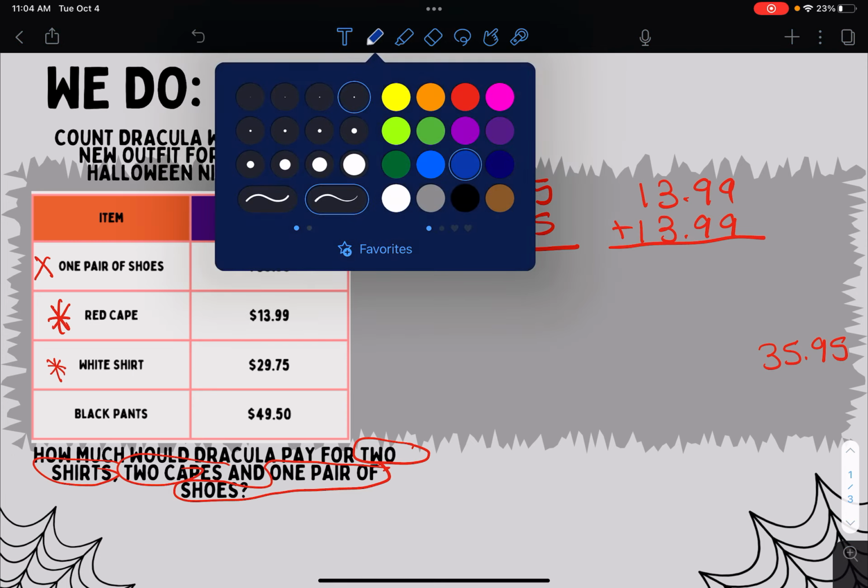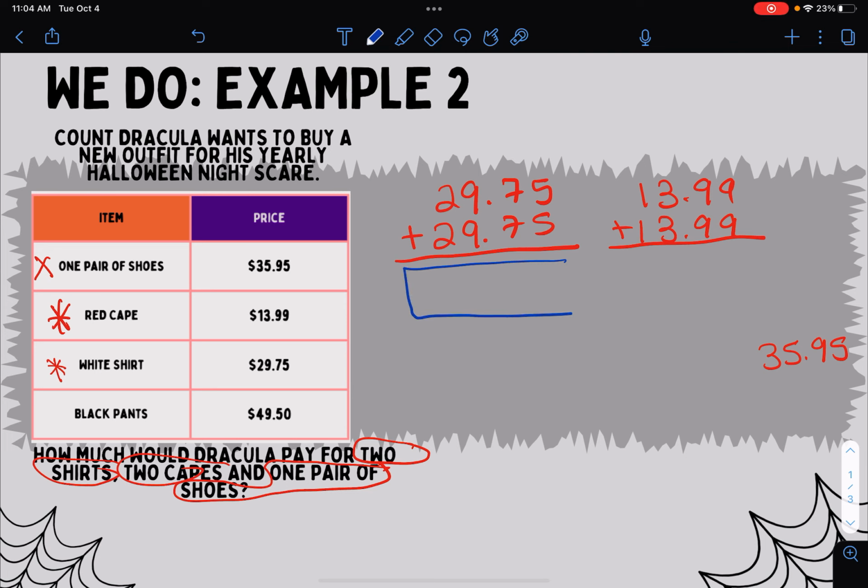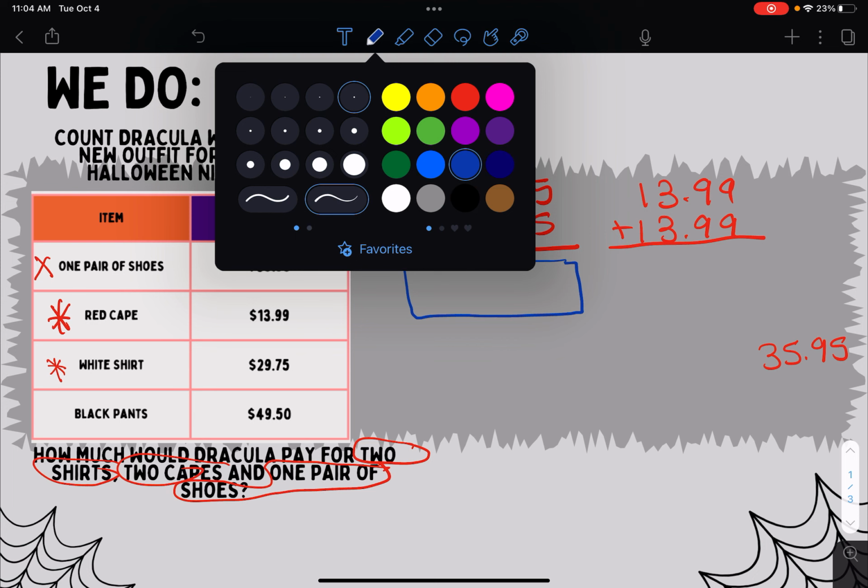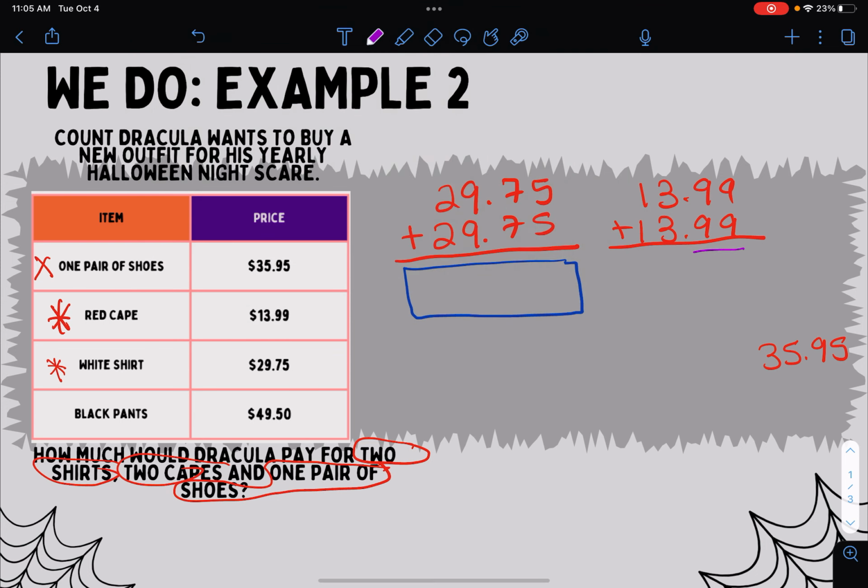Let me change the color, you can hardly see the green. You add $29.75 and $13.99. When you do each of those 2 problems, sorry, $29.75 plus $29.75, you get your answer, and then you do 13.99 plus 13.99, you're going to get your answer.